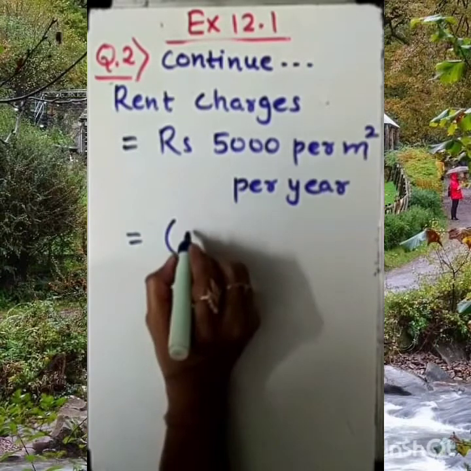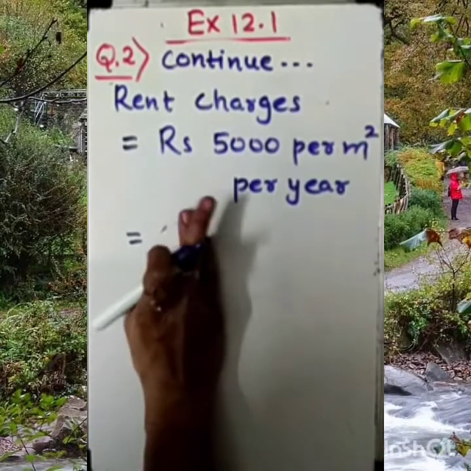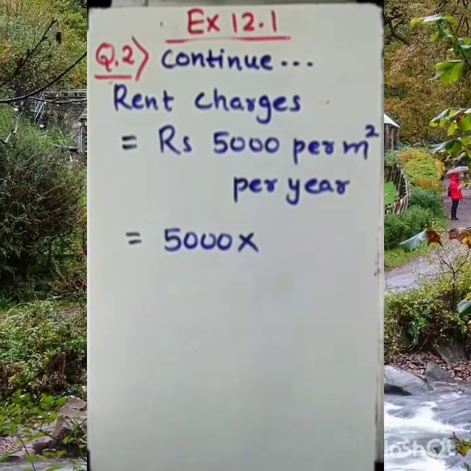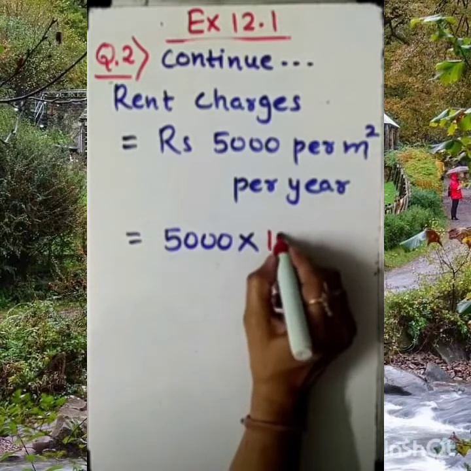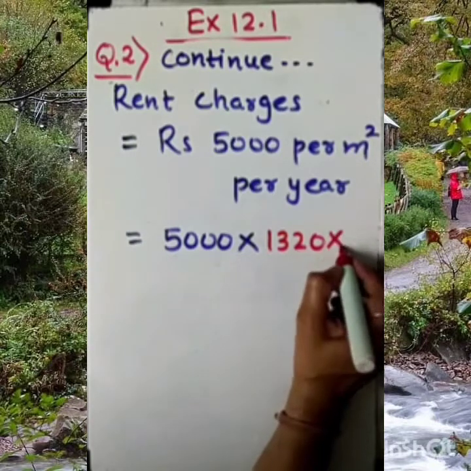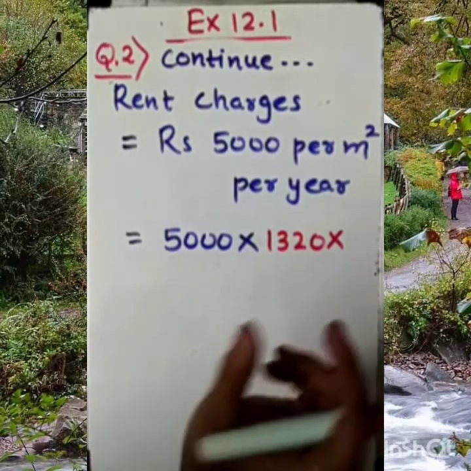Here this is 5,000. Look at your screen. What was our answer for the area that we got by applying Heron's formula? That is 1320. Now, what about the month? For how many months do we have to find this charge?